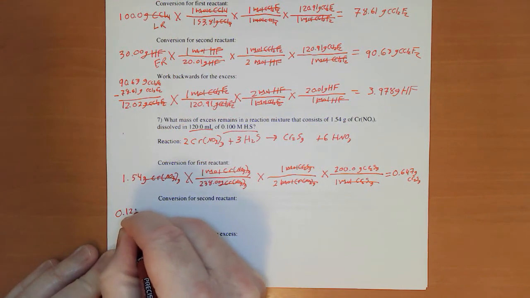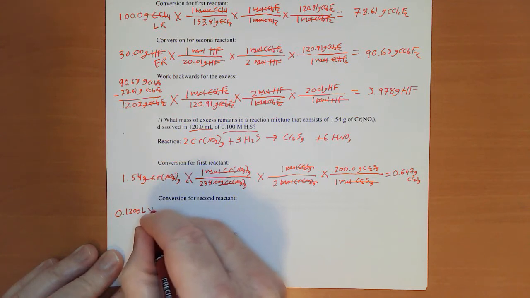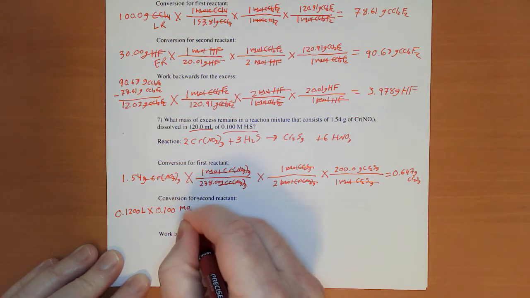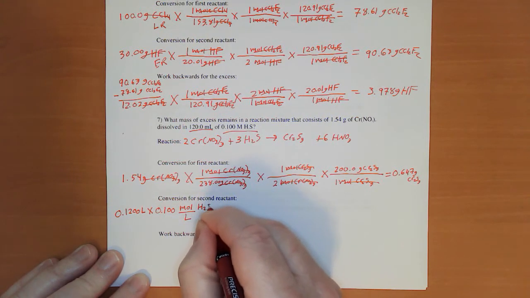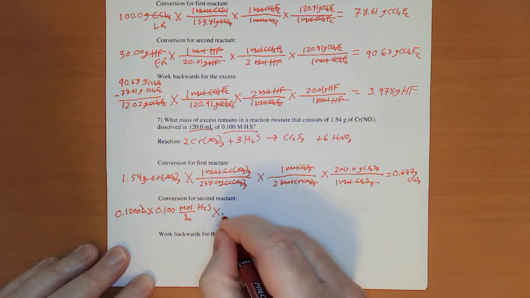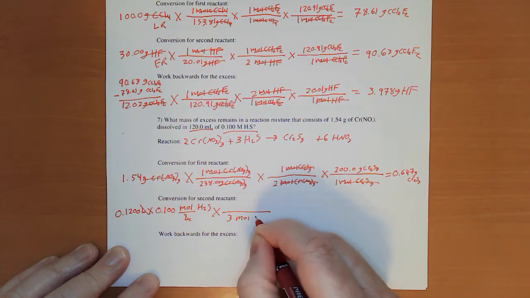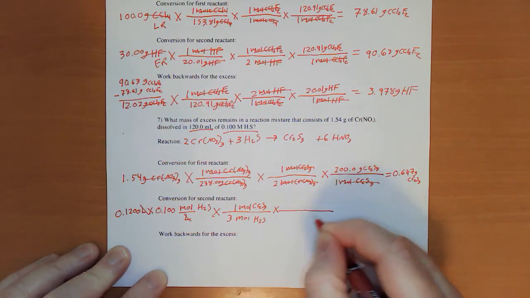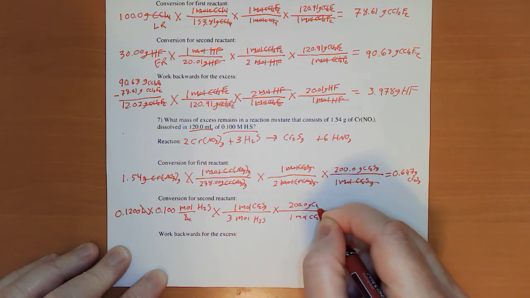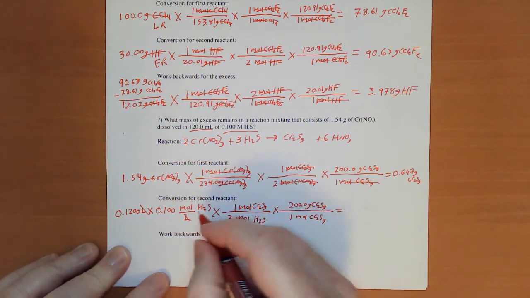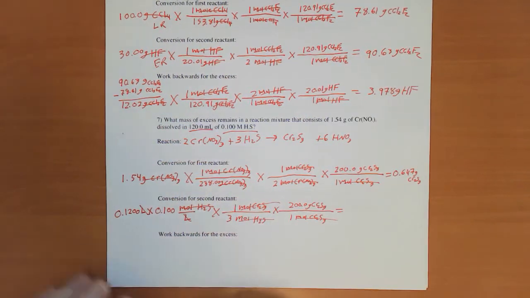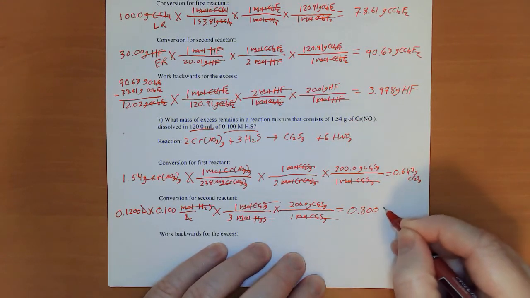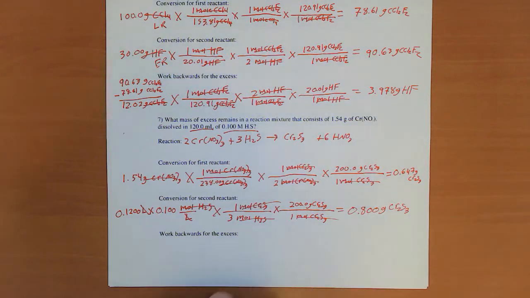So I'm going to start off with 0.1200 liters, divide that by 1,000, times 0.100 moles over liters of H2S, so that the liters cancel, times 3 moles of H2S for 1 mole of Cr2S3, and my 1 mole of Cr2S3 is 200.0 grams Cr2S3, and then moles of H2S is gone, moles Cr2S3 is gone, okay, and I got 0.800 grams Cr2S3, dealing with some pretty small values here, but that's okay. We've got calculators to do this for us.